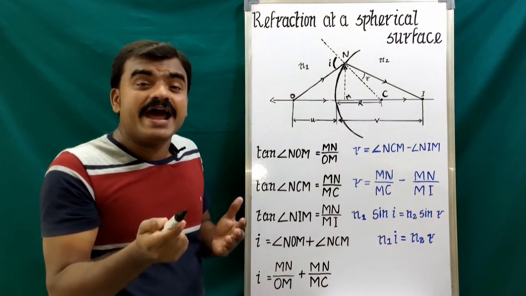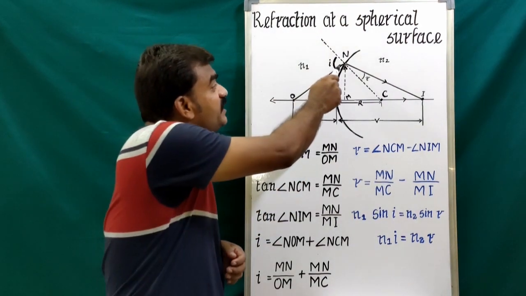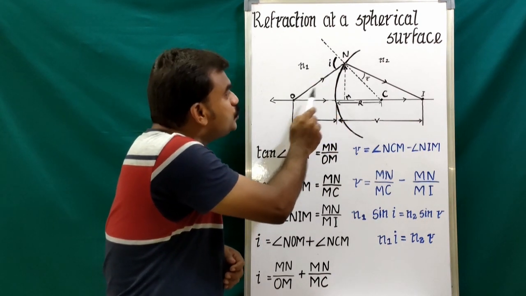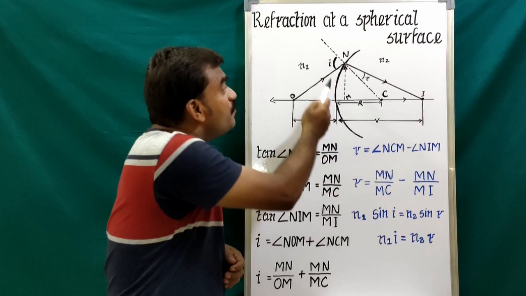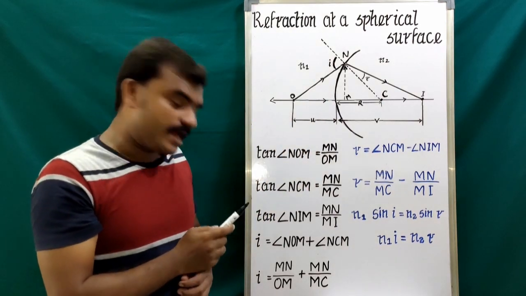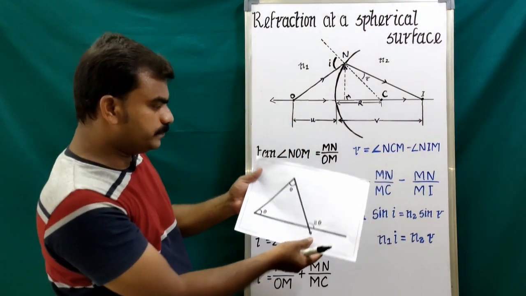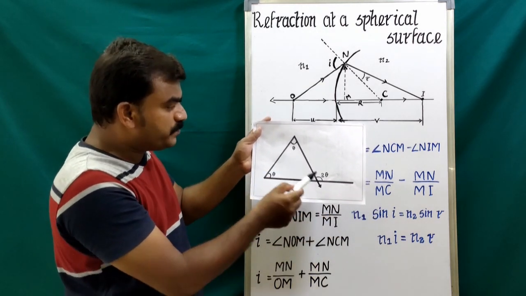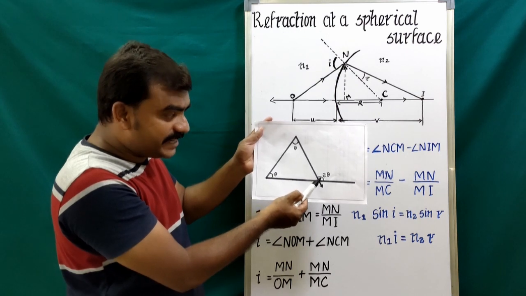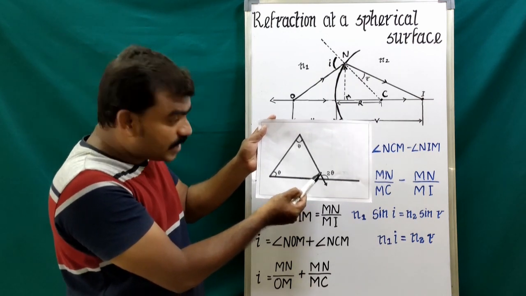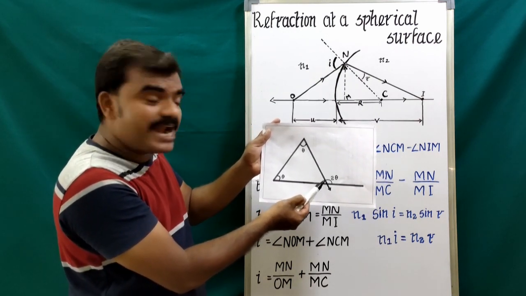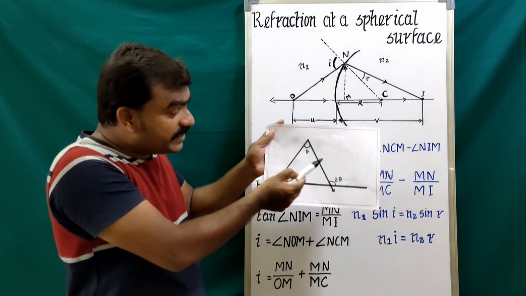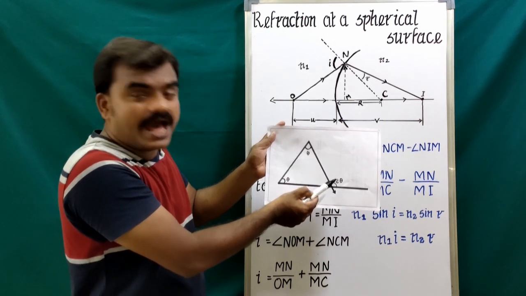How can we find out the value of the exterior angle? If we add the opposite interior angles we will get the value of the exterior angle. For example, I can show you, see that triangle and this is the tangent line. How can you find out the exterior angle produced here? If we add the opposite interior angles, we can get the exterior angle.